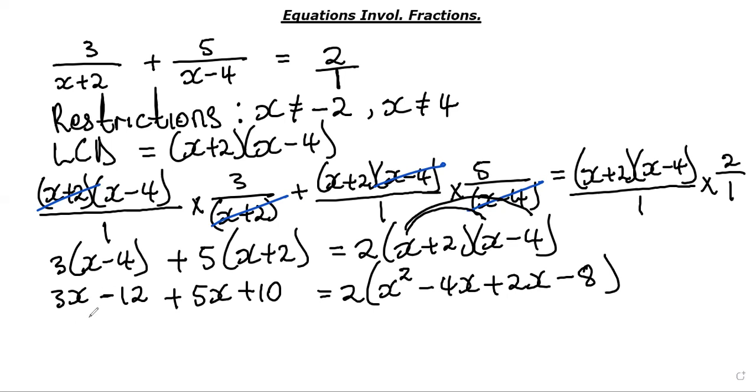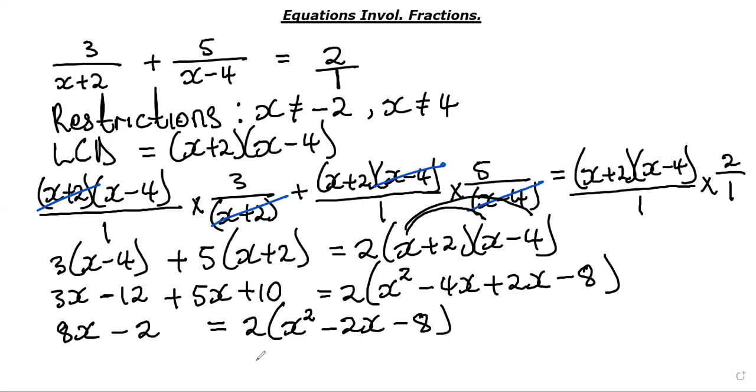You go to your left-hand side, you collect your like terms. 3x + 5x, it's 8x. -12 + 10, it's -2. You go to your right-hand side, you collect your like terms as well. x squared goes alone. -4x + 2x, it's -2x.